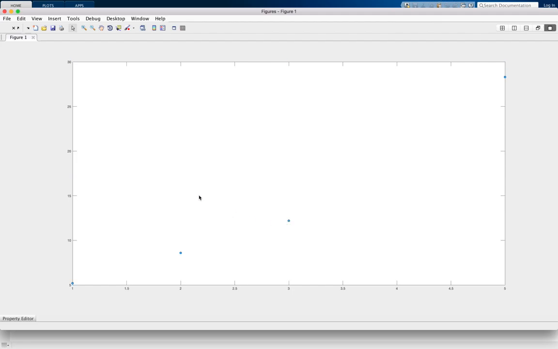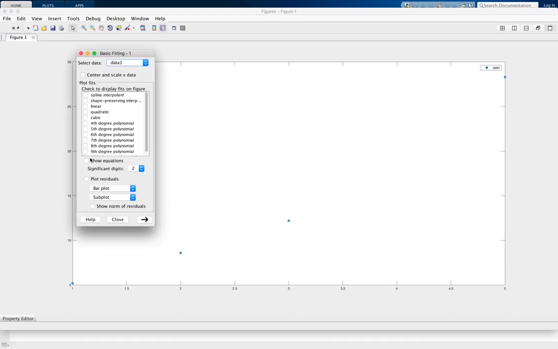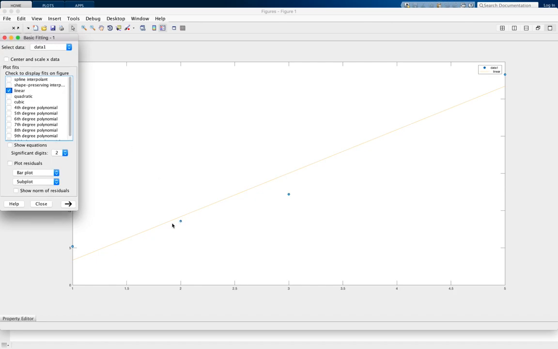Then we want to do some fitting. Therefore, we have the tools, and we have basic fitting tools. And these basic fitting tools are enough for our application. We can choose for a linear relationship, and then you immediately see that this not really is a linear relationship. If I choose for a quadratic relationship, it looks better. A cubic relationship goes through all the points exactly, but maybe that's not necessary, because then we are overfitting data which can be noisy.